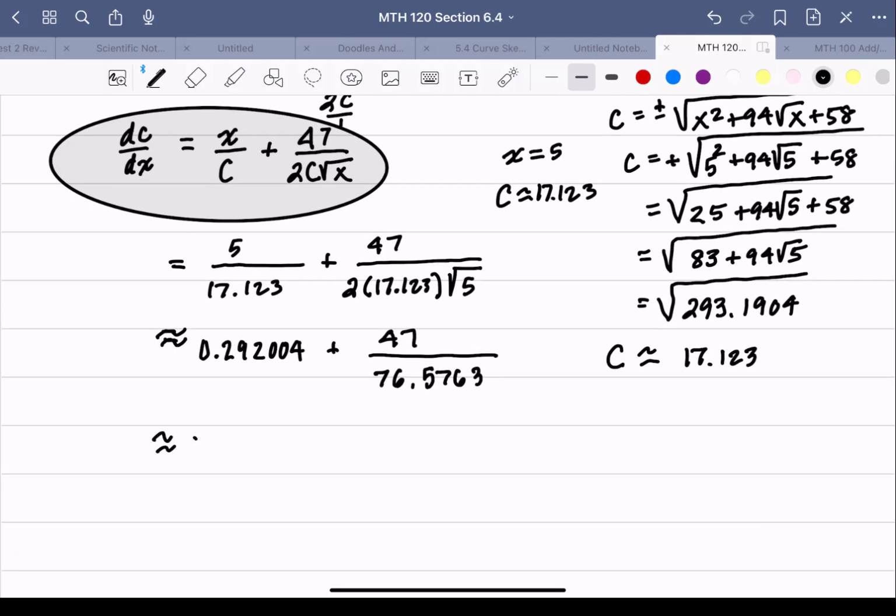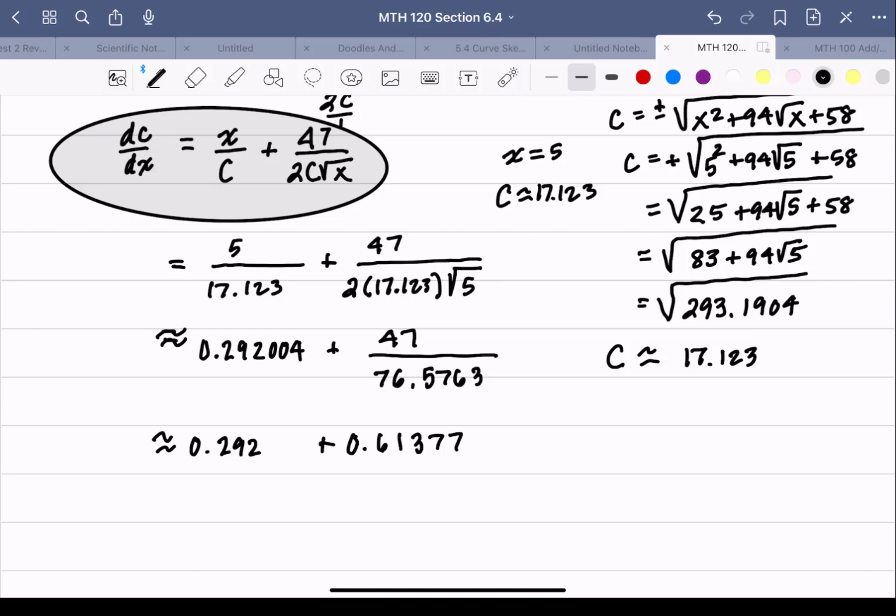So I've got 0.292 plus 47 divided by 76.5763, which is 0.613, and then there's another 7 after that.